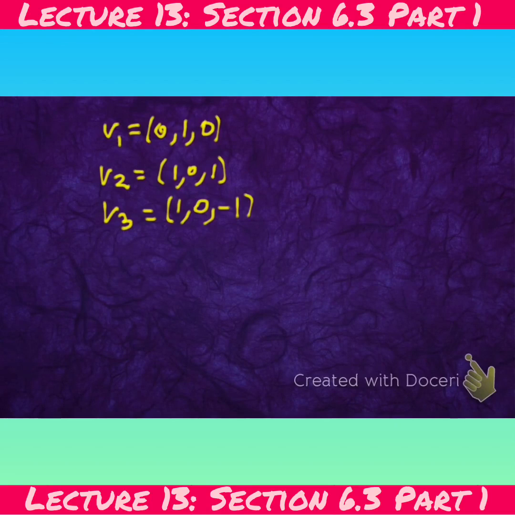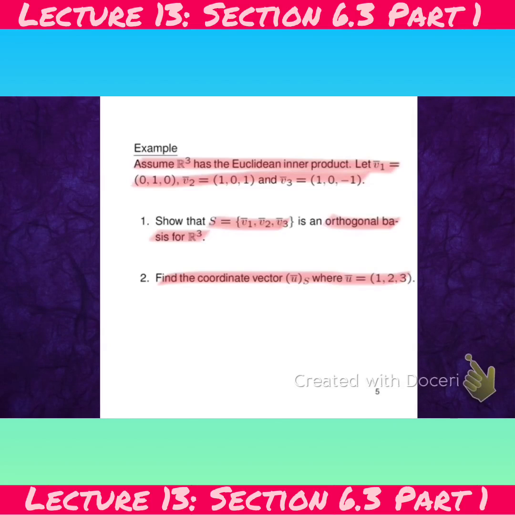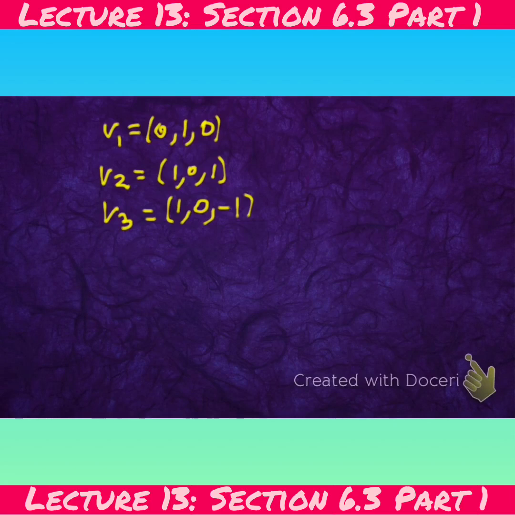There we've got our three vectors, and firstly we need to show that the set is orthogonal. So we take the first vector and take the dot product with the second vector.